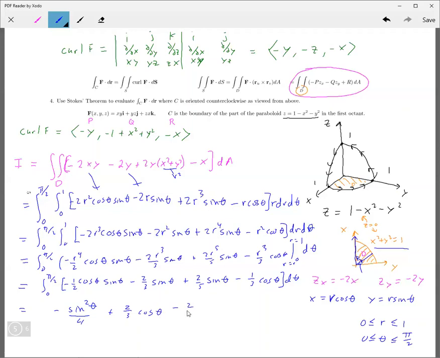And that one gives you minus 2/5 cosine theta. And this one gives you minus 1/3 sine theta, from 0 to pi over 2. So plug in pi over 2. This is 1, so that's minus 1/4. Plug in pi over 2 here, that's 0.